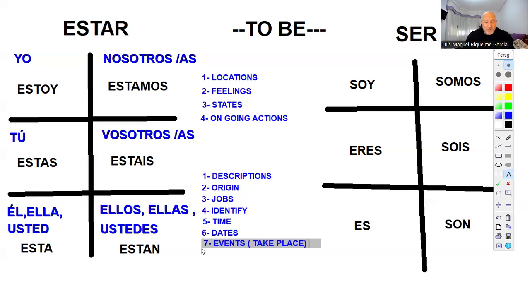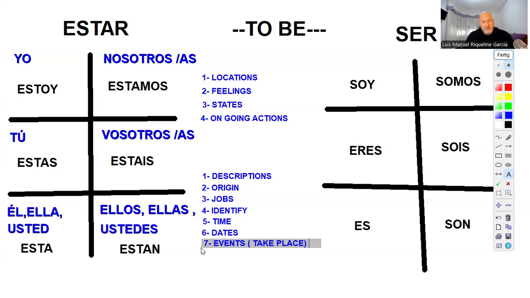So this is basically the way we distinguish. I know at the beginning it's going to be hard because you will have to be thinking and comparing all the time and looking at the different uses. But believe me, you will get used to it and it will become quicker and easy to choose one or the other. It's just a matter of practicing and using it.